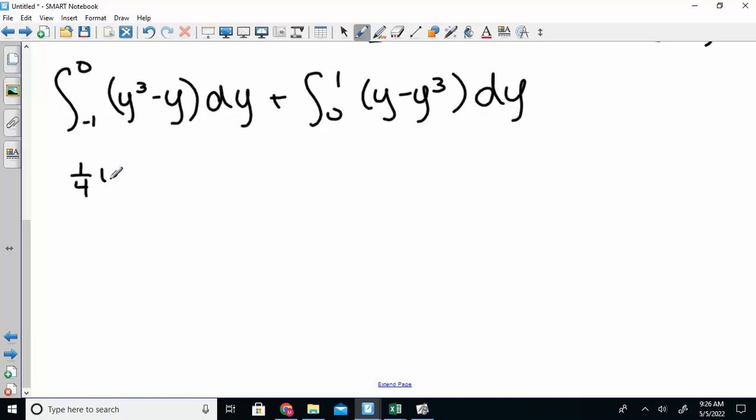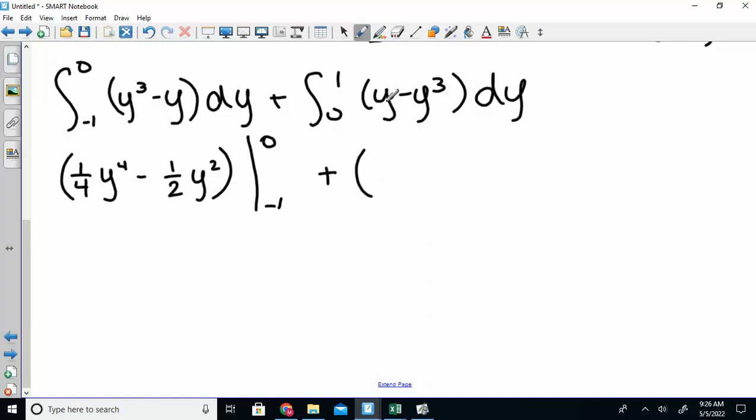So, antiderivative of y to the third would be 1/4 y to the fourth, minus antiderivative of y would be 1/2 y squared, from -1 to 0. 1/2 y squared minus 1/4 y to the fourth.